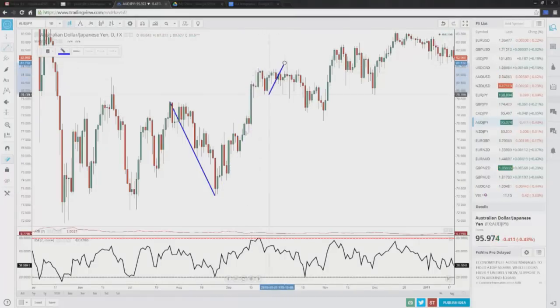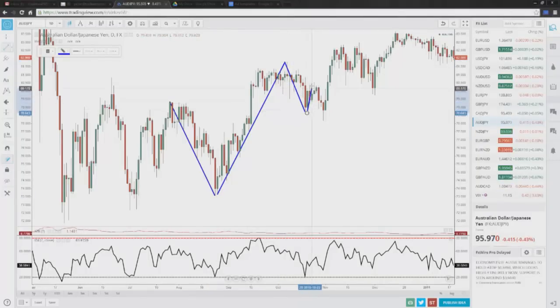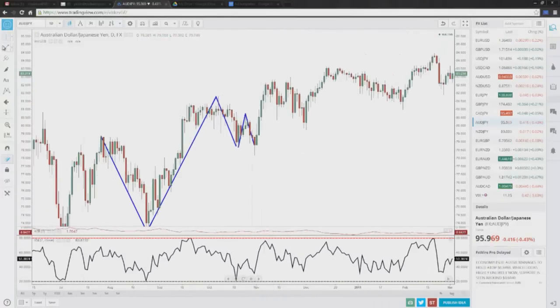And then we see a move back down into here, and then the market rallies, and then we get a double bottom. Looking down here, bullish divergence, something for later. Then we continue on, and the market rallies up. We get a pullback. We get a rally, a double top.